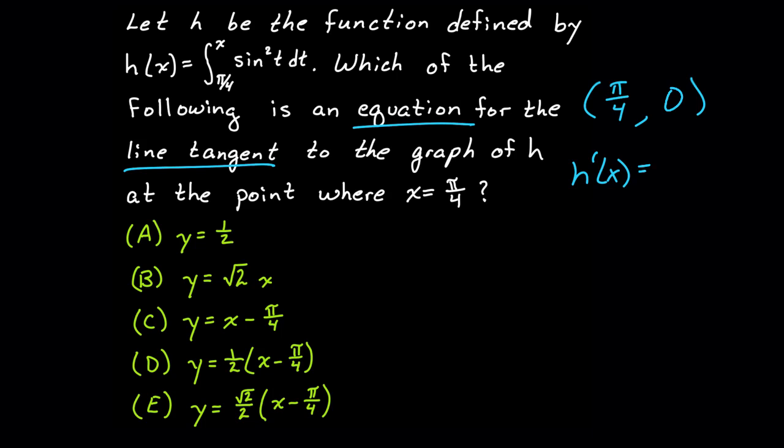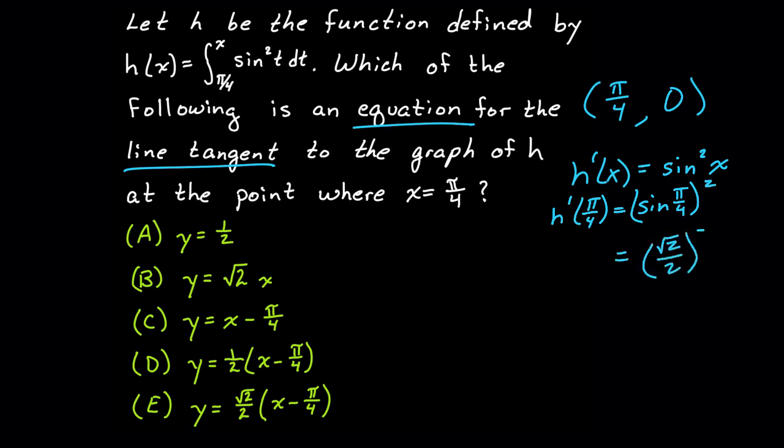Well, h prime of x is going to equal sine squared of x. That's our fundamental theorem. If we want to now evaluate at pi over 4, we're going to find the sine of pi over 4 and then square that value. Well, that's root 2 over 2. Squared is going to give you 2/4, which is a half.